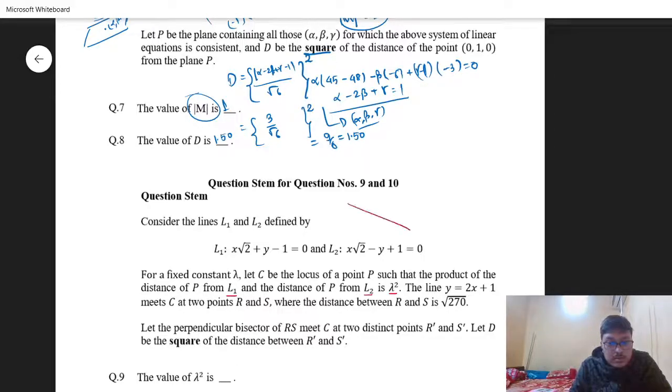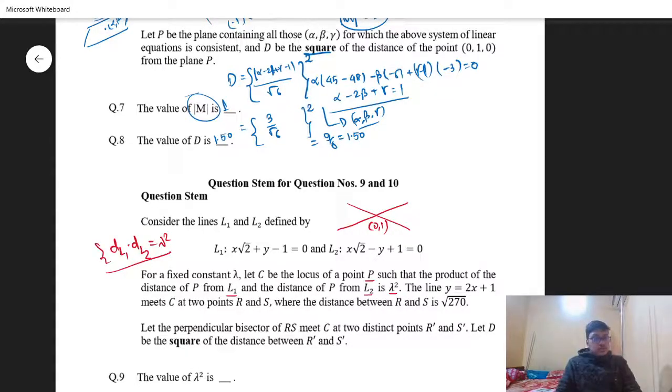These are the two lines, and we can see that they intersect at the point 0 comma 1, and its locus is where the product of the distances from L1 and L2 is constant.